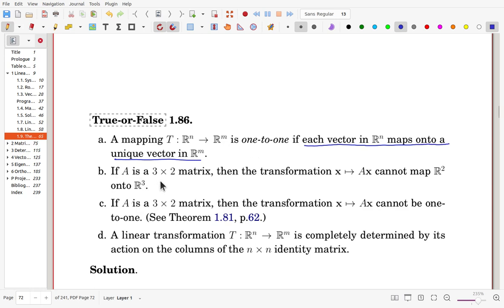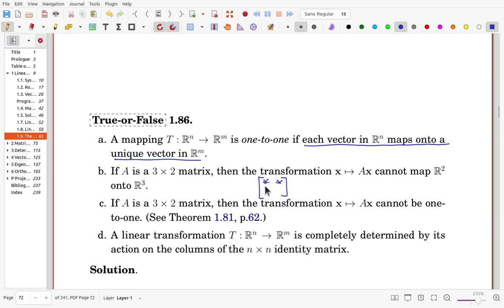If A is a 3x2 matrix, then the transformation cannot map R2 onto R3. Is it true? Yes, it's true. The mapping is from R2 to R3, and R3 is much larger than R2, so intuitively speaking, it cannot be onto. The matrix has 3 rows and 2 columns.